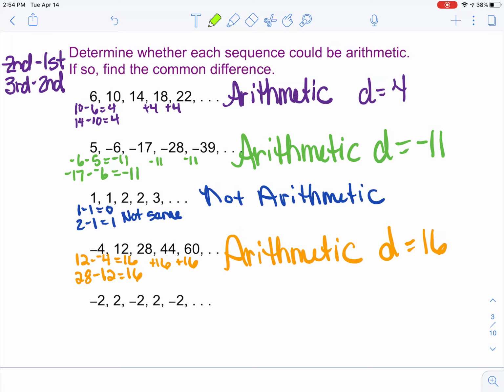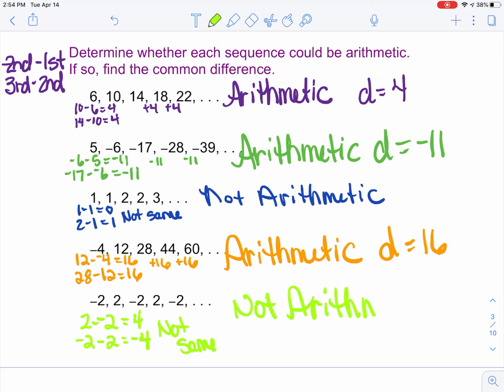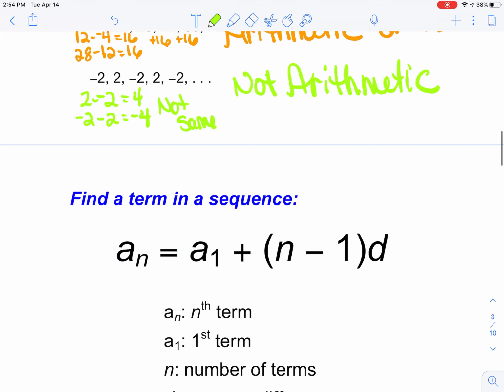Okay, on our last one, we have 2 minus negative 2, which is 4. Negative 2 minus 2, which is negative 4. Are these the same? Not the same. So it's not arithmetic. Okay, so that's just telling whether it's adding or subtracting each time or not.